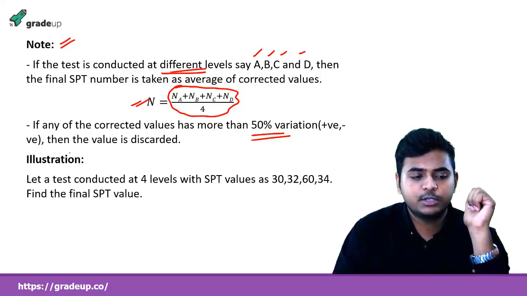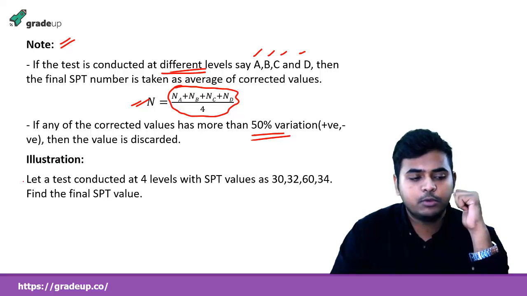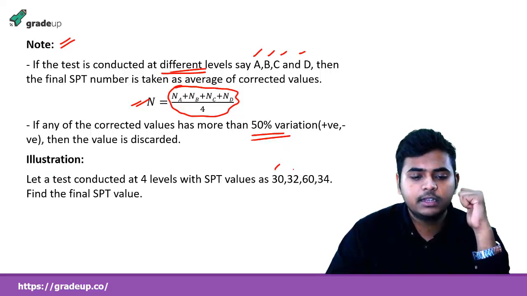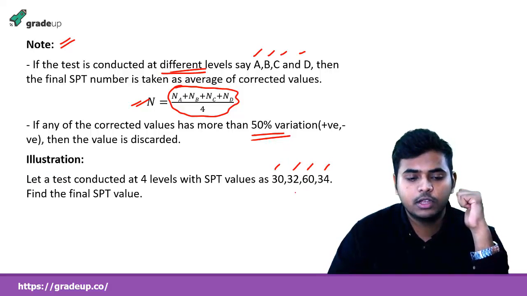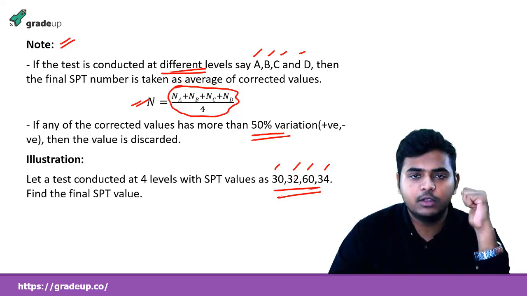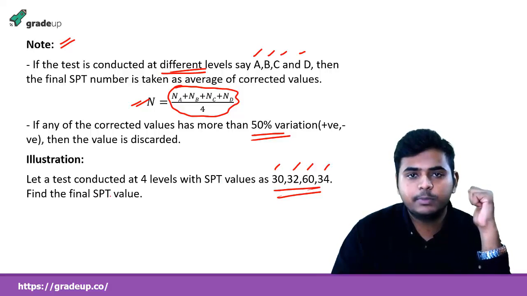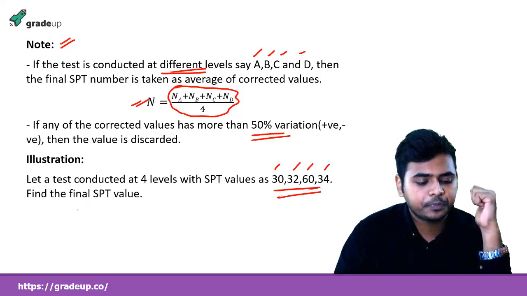So let's take an illustration. You will understand better what we have to discard and what we have to take. Let the SPT test be conducted at 4 levels with values as 30, 32, 60 and 34. These are corrected values. Now find the final SPT value. How will we find it?